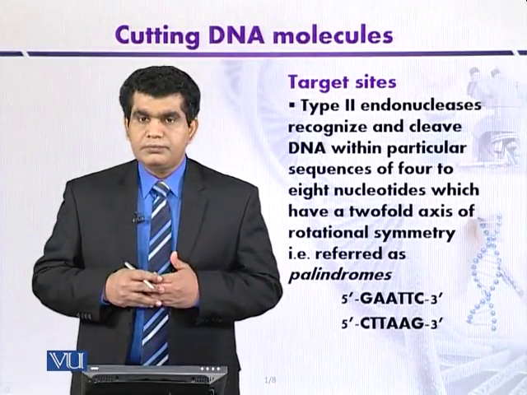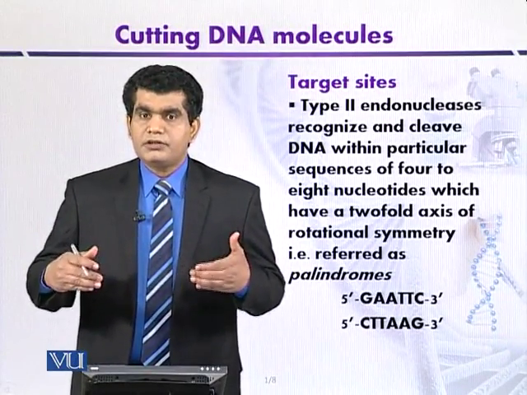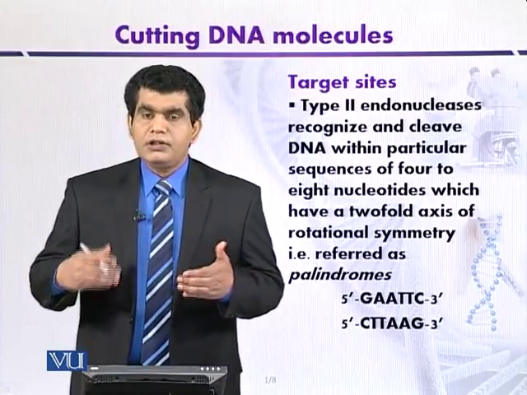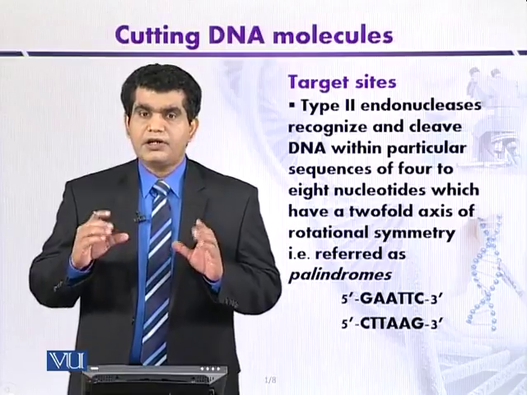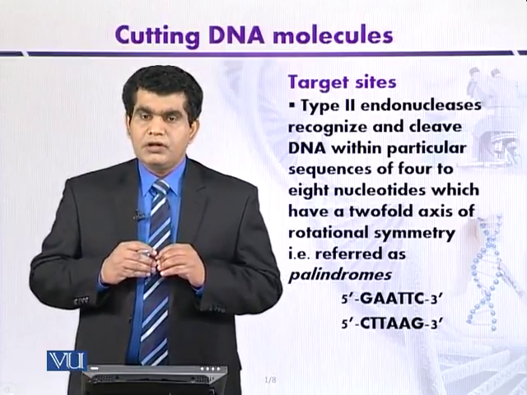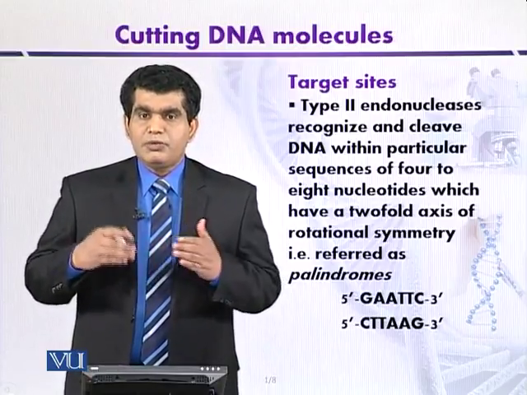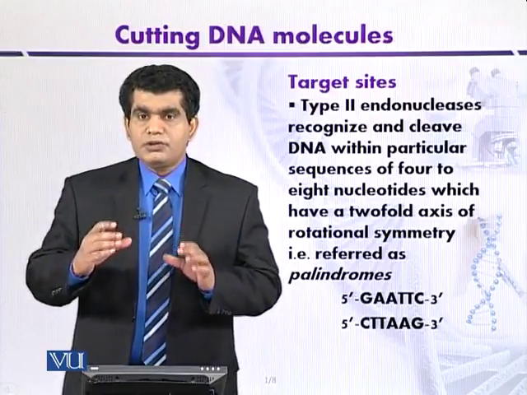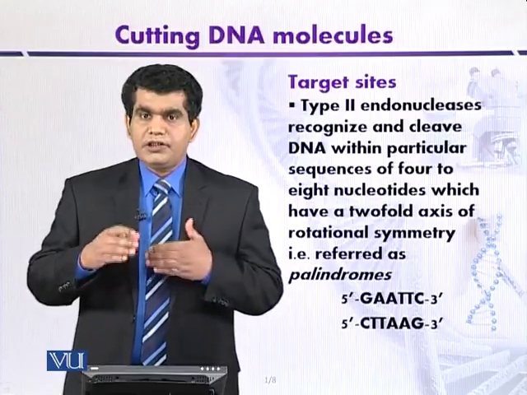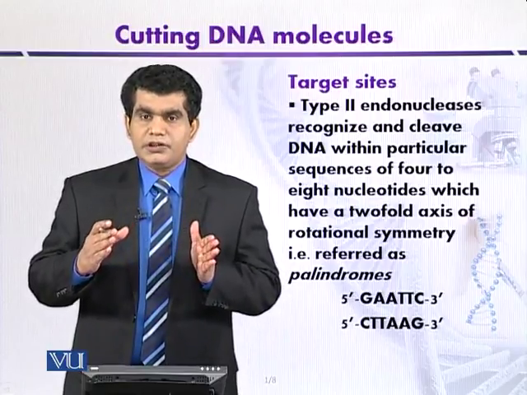Target sites. Type 2 restriction endonucleases can recognize a particular target site and cut within it. So these type 2 restriction enzymes can cut recognition sites that have rotational symmetry.